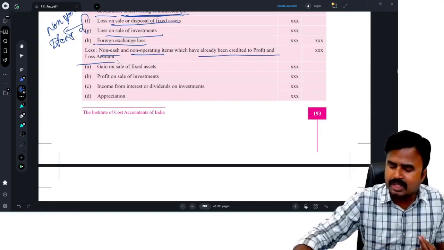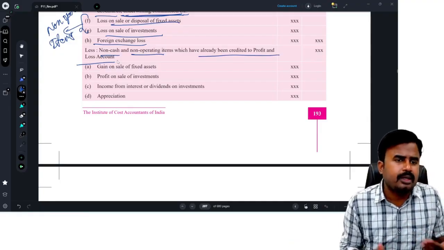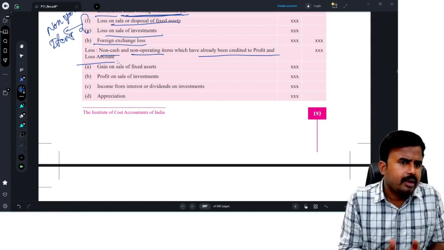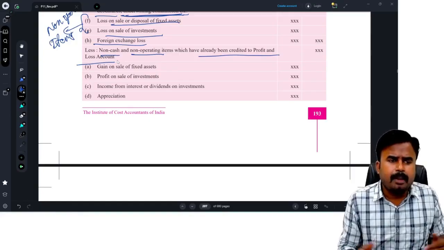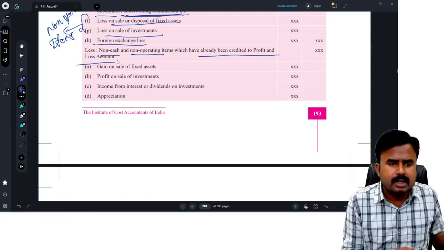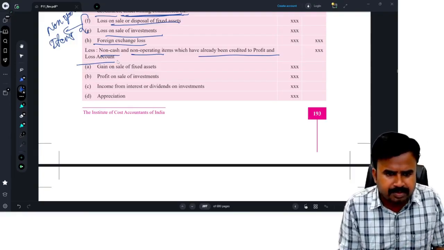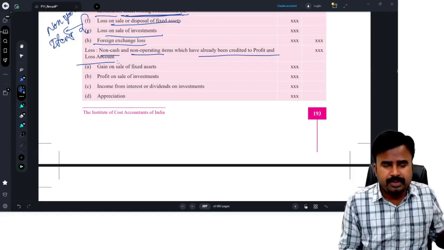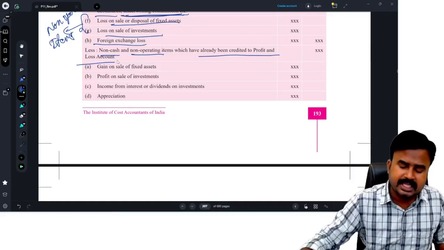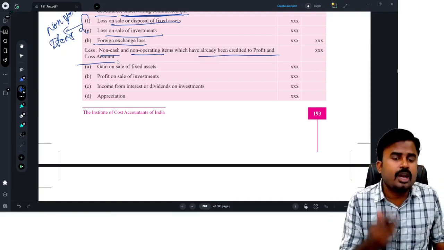Why are these known as non-operating incomes? Because I'm not here to earn income on my investments. If you have any surplus fund, generally companies are supposed to invest their surplus funds for a shorter period of time in short-term investments, and gradually they can earn some amount of income. And also sometimes they can invest surplus funds in long-term investments also to earn some amount of income. Such income on investments is not an operating income.